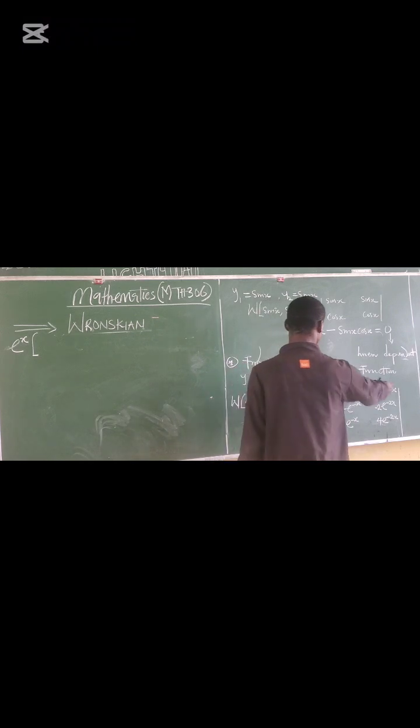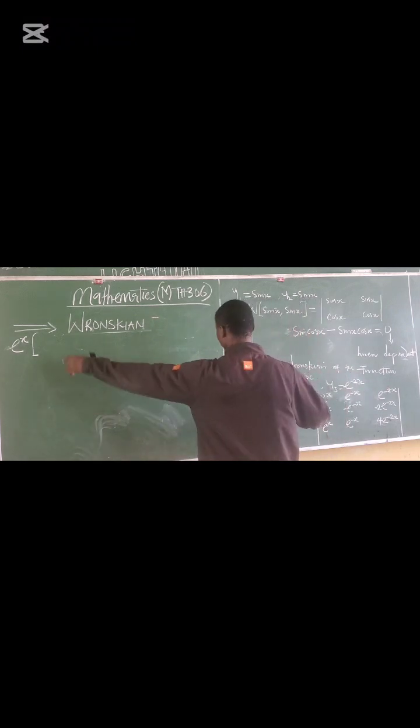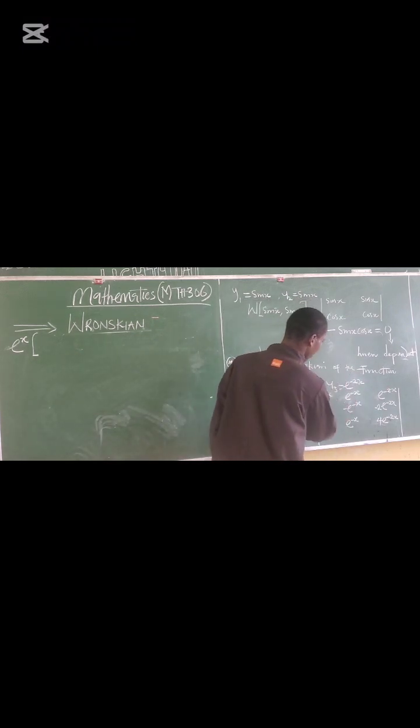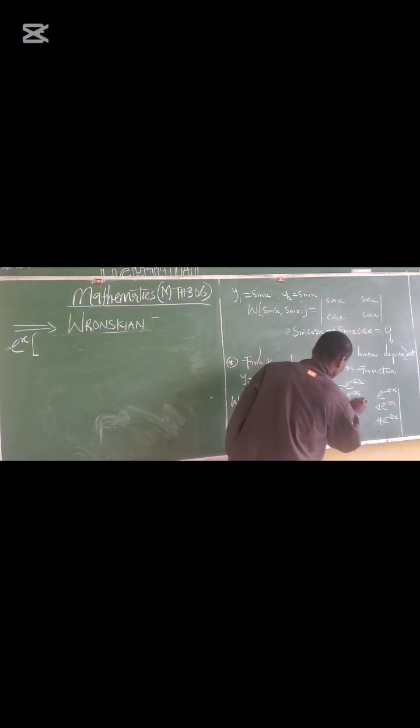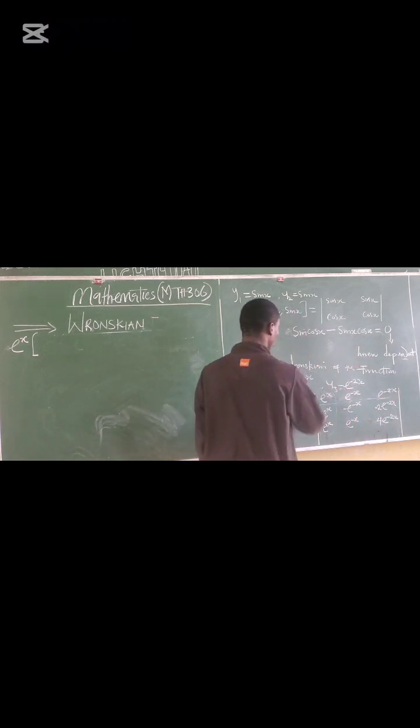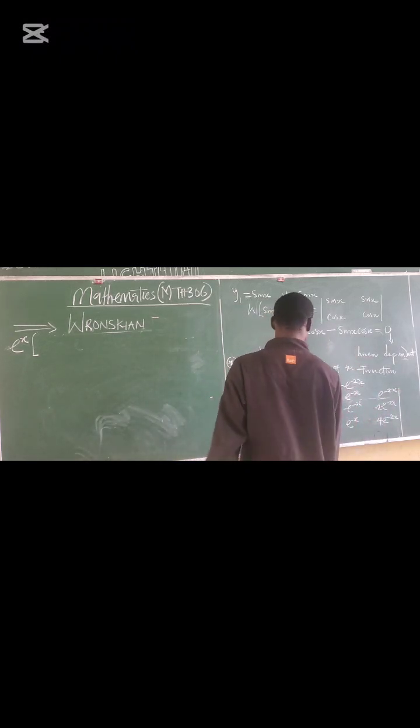So this will be plus this times, if I erase this and I erase this, I'm going to erase this and then the whole of this. So I can get a 2 by 2 determinant here. So this is going to give me this times this minus this times this.